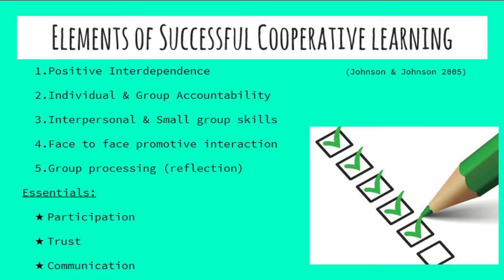Elements of successful cooperative learning. So the first one is positive interdependence. Most of the students need to depend on each other. They have all this information, but you don't have the whole picture. Everyone has pieces of it, but together they can form the main message. Second one is individual and group accountability. So if there's a group of 4 students, and you do a reading of 8 pages, one person gets 2 pages.